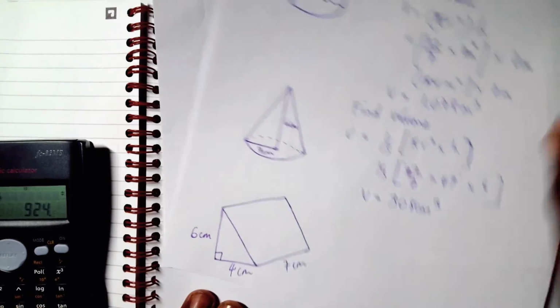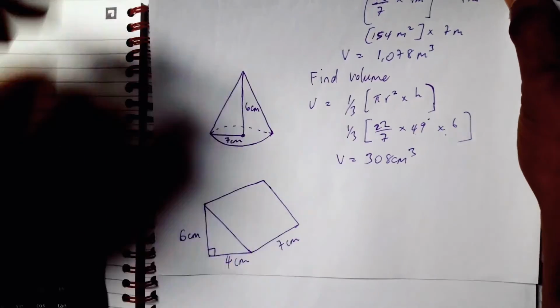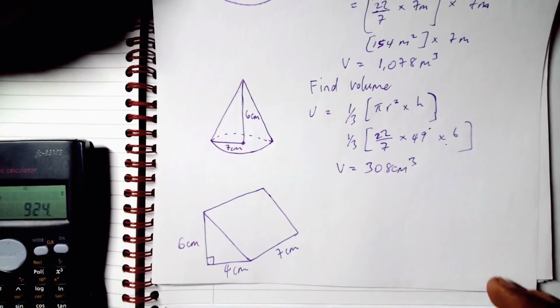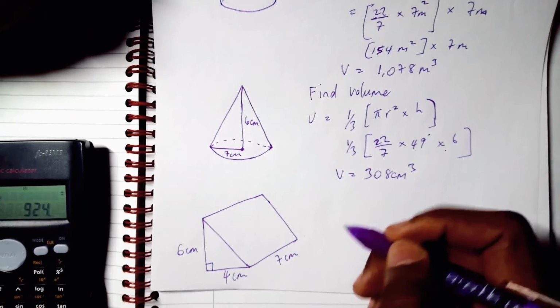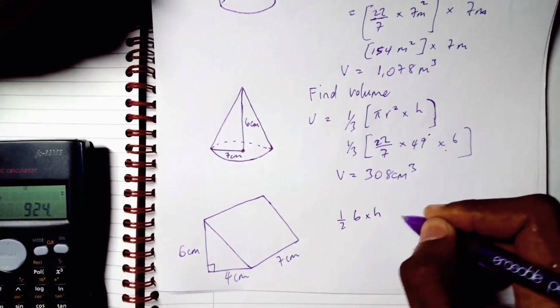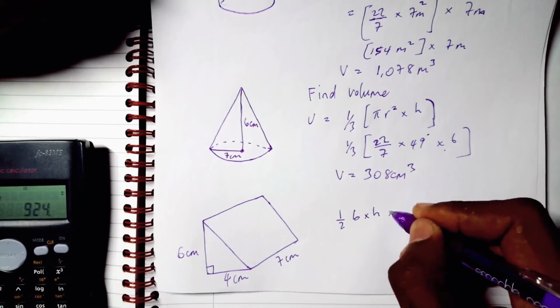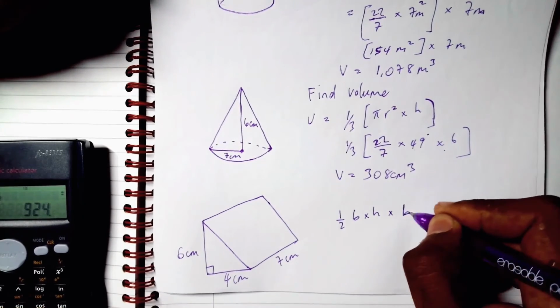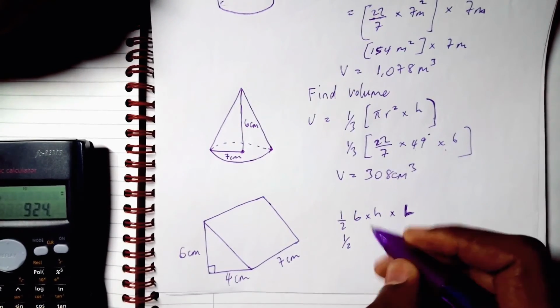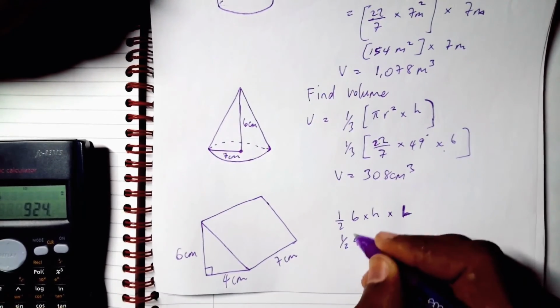Now we have another right triangle right here, and we are asked to find the volume. What do we do? Half base times height times length. So half, what's the base? 4.